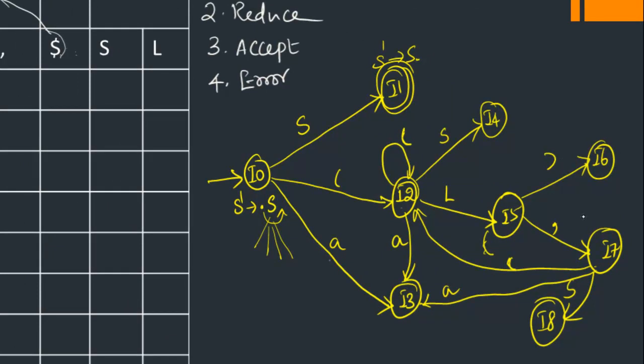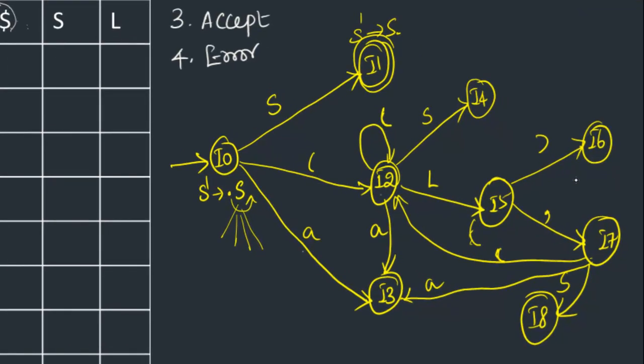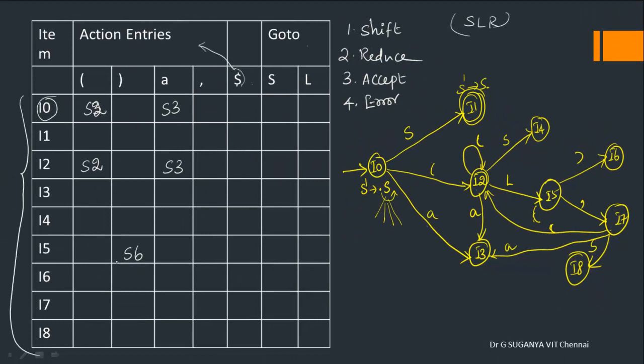Then from I4, no outgoing edge. From I5, yes, there are two outgoing edges. One is on closing bracket, another one is on comma. So I5 on closing bracket, it is S6. Shift and move to state 6. I5 on comma, it is S7. Okay, shift and move to state 7.